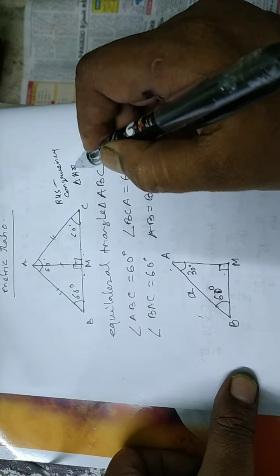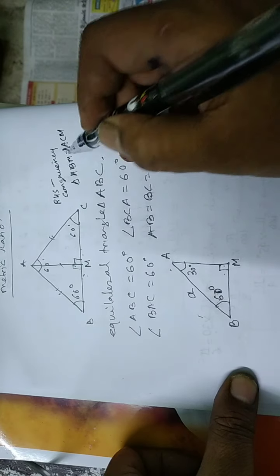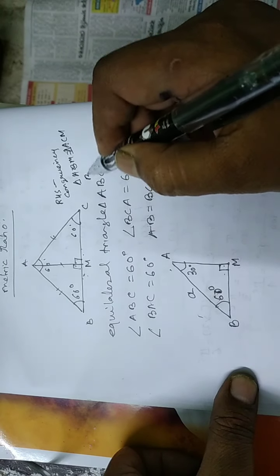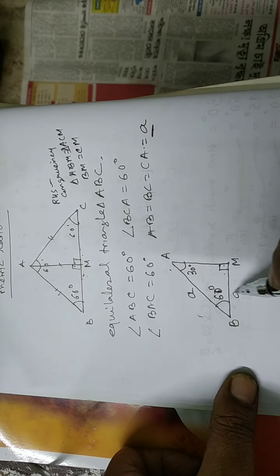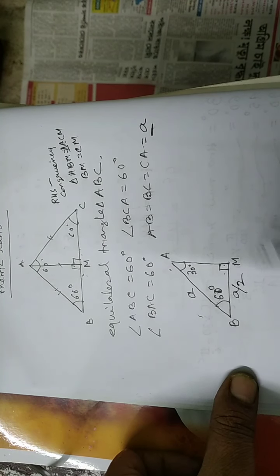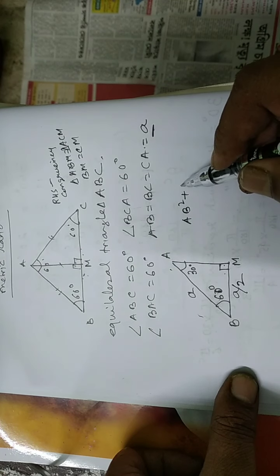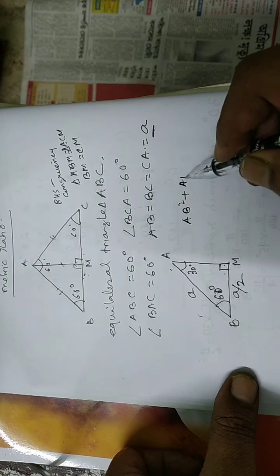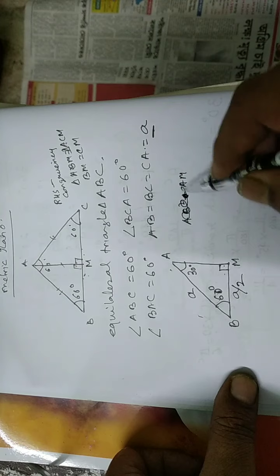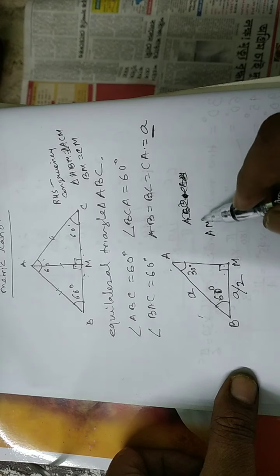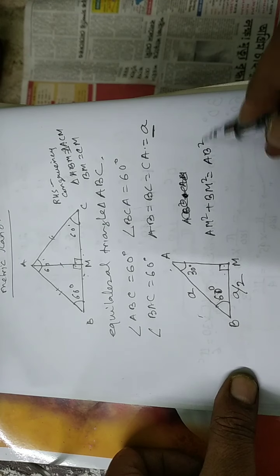Triangle ABM equals triangle ACM, that is BM equals CM. So it is half, a by 2. And from Pythagoras, AM square plus BM square equals AB square.